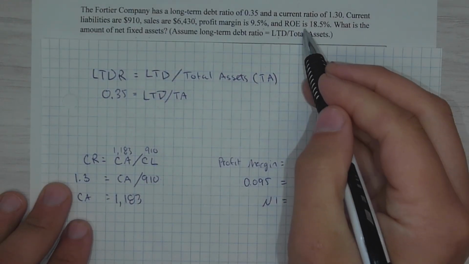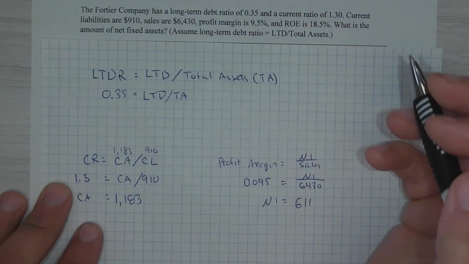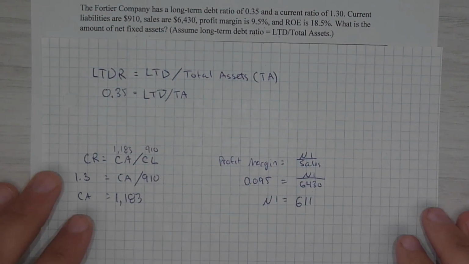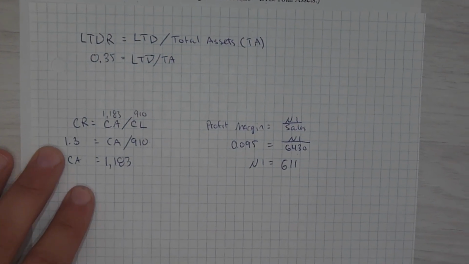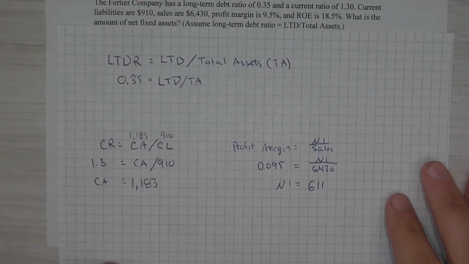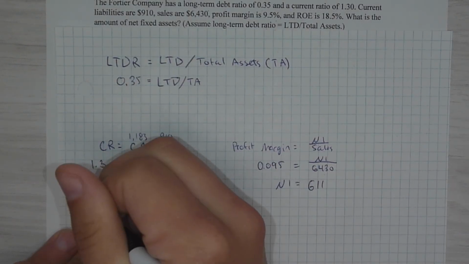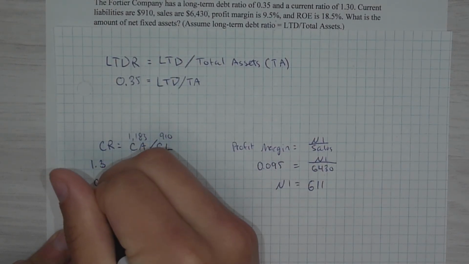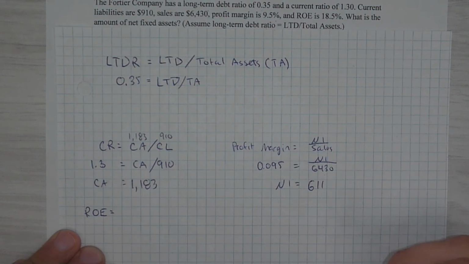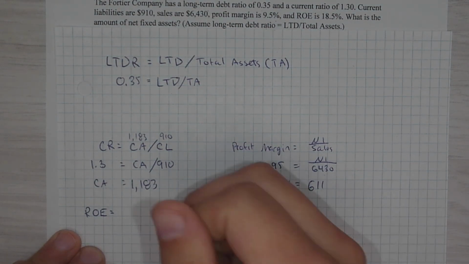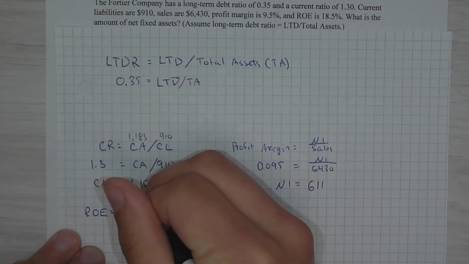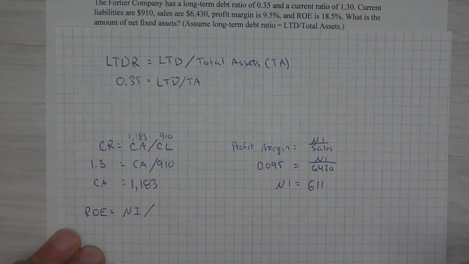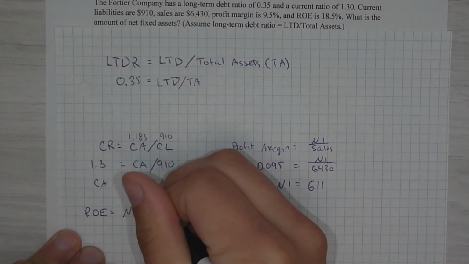The ROE is 18.5%. So how do we calculate ROE? Net income divided by total equity.